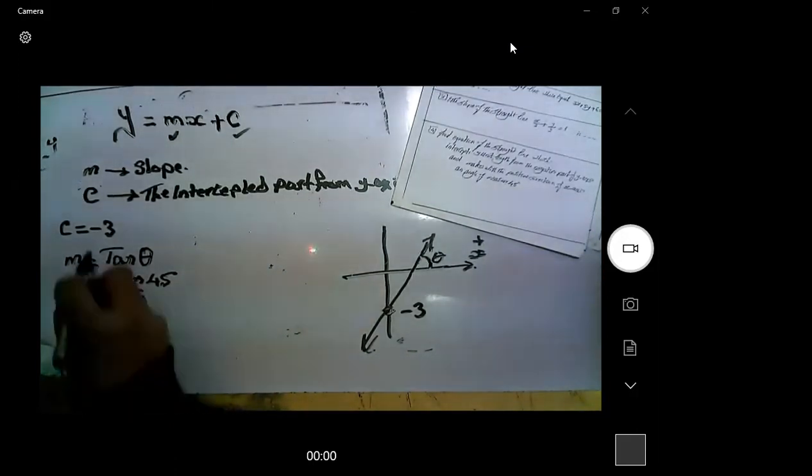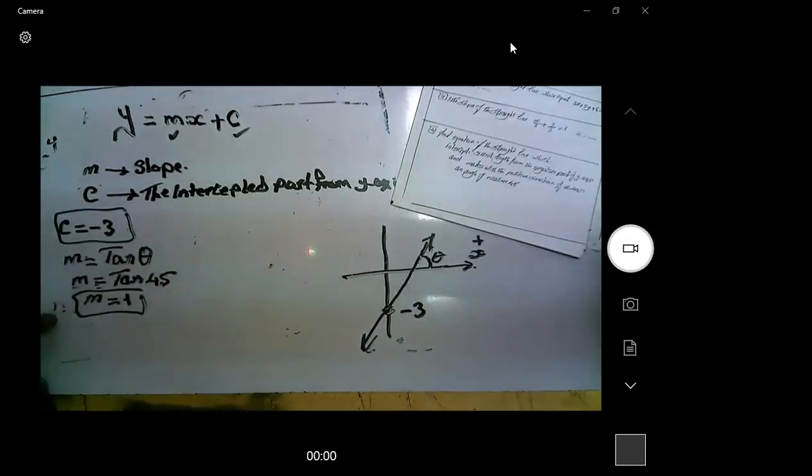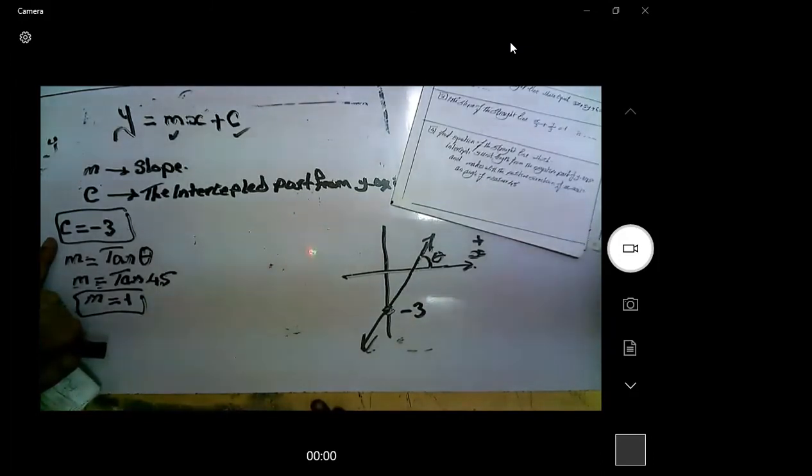Now we have the slope of the straight line, m equals 1, and the intercepted part of the y-axis, which is -3.